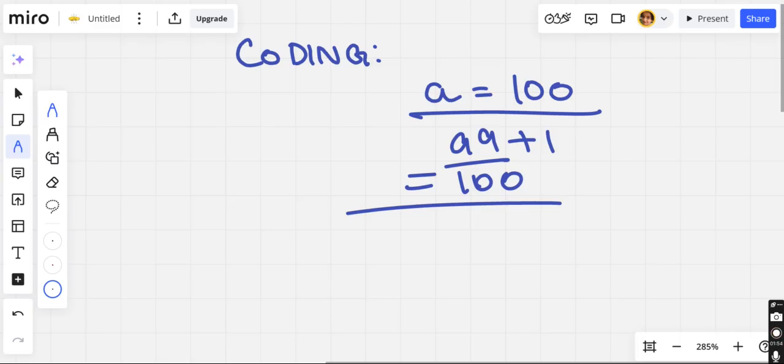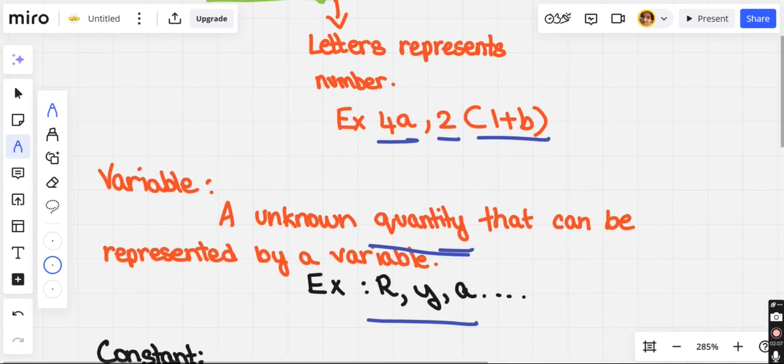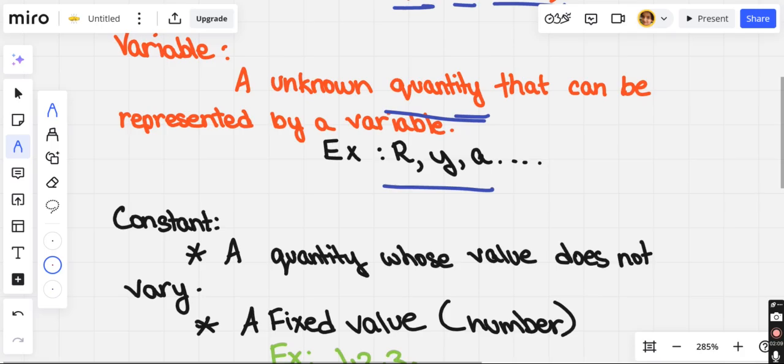So I used a variable, which is a. How is it a variable? You will learn it when you come to the 7th standard. First, let's learn the variable for now.